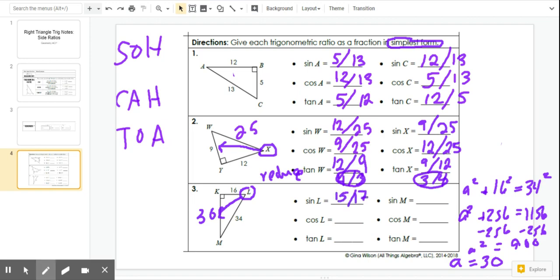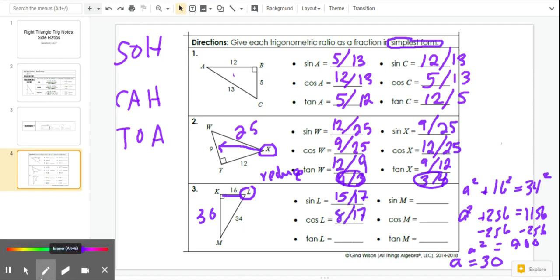I'm sorry, I keep saying 7, but it's actually 17. So 15 over 17. Cosine of L is, cosine is adjacent over hypotenuse, so the adjacent leg is 16 over the hypotenuse, which is 34. And if we reduce that, just divide both by 2, and we get 8 over 17 for that one.